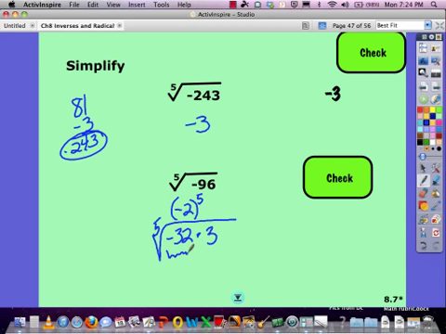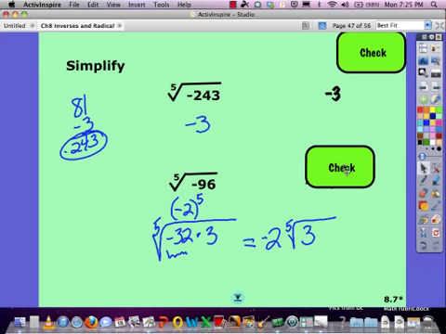So you should be able to say the 5th root of negative 32 is negative 2, with a 3 that's left over under the 5th root sign. So that's how I would work that one down.